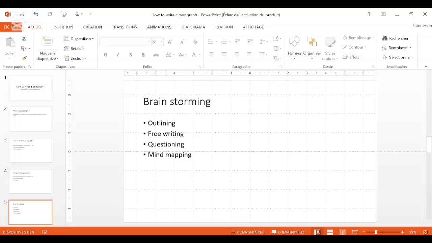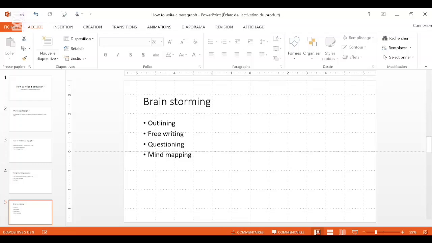So you can outline. For example, when you want to outline, you will write all words that have a link with the topic. In free writing, you have to write freely. You have to write all ideas that come in your brain related to the specific topic.